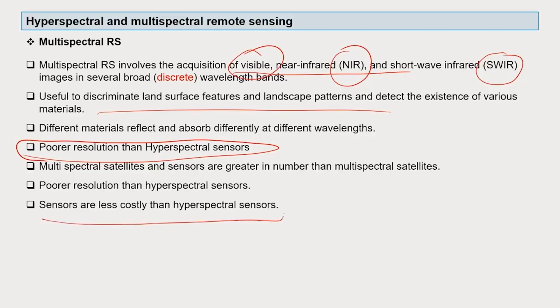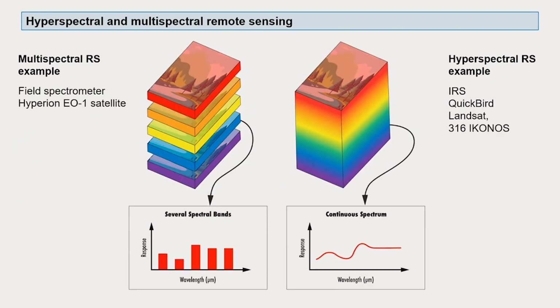Sensors are, of course, less costly than hyperspectral sensors. So you can understand that, especially in developing countries, on the basis of cost they will go for multispectral remote sensing.